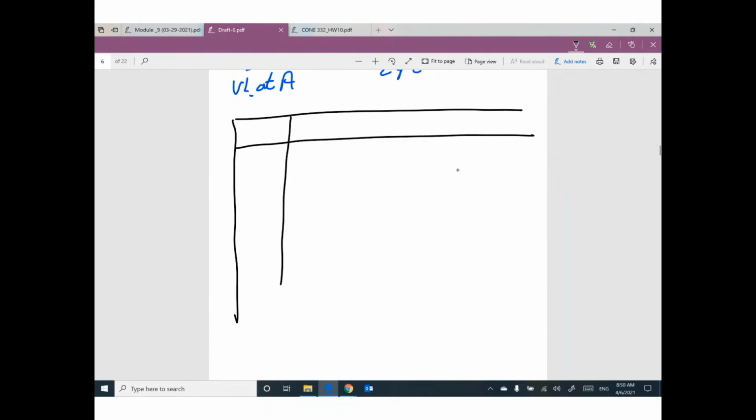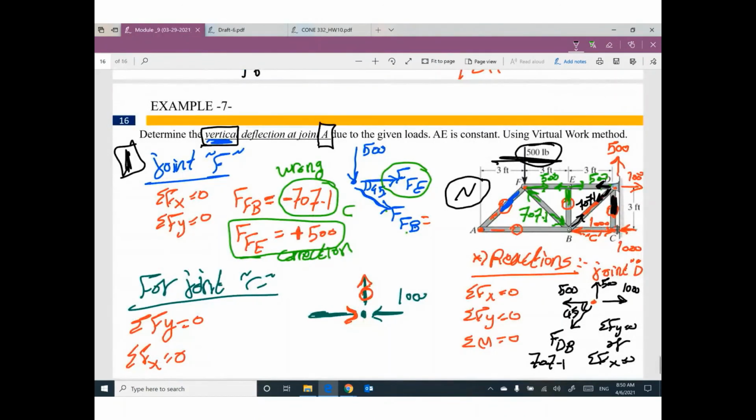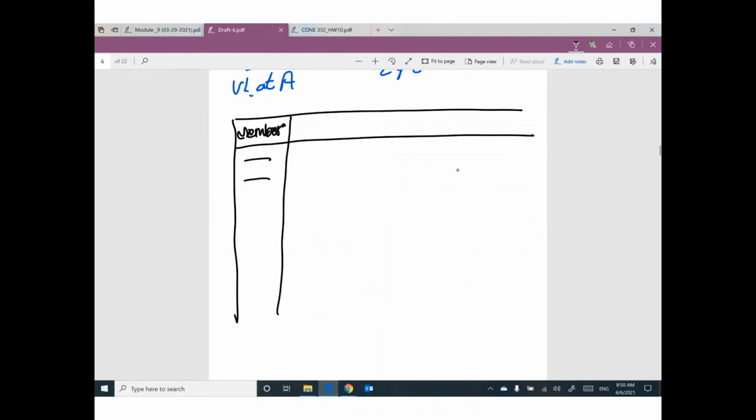The first column in the table is each member. Go ahead and put your members: AB, BC, CD, DE, EF, FA, BF, BE, and BD. We have many members, 9 members.